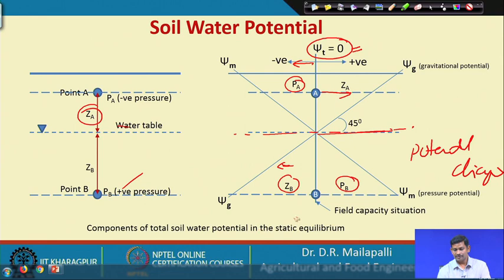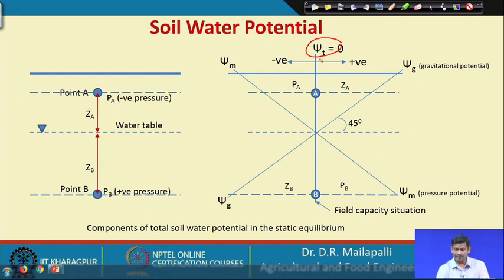The advantage of this is that at any distance, you will be able to find out what P B is and the corresponding Z B, the Z B point and P B point at a particular distance. At this point, there is another equilibrium. So psi t is equal to 0, that means Z A is equal to P A at this point.